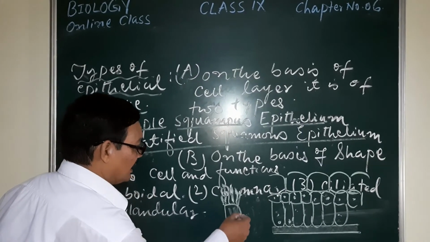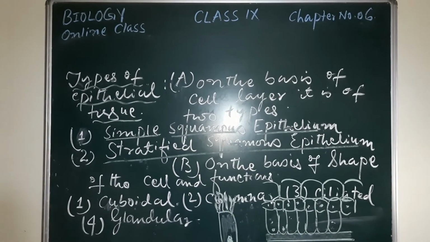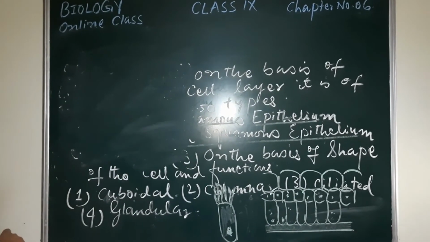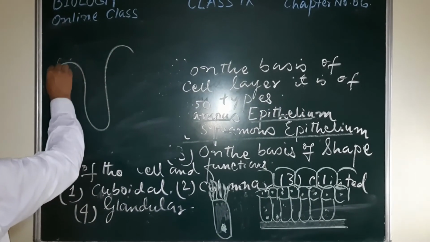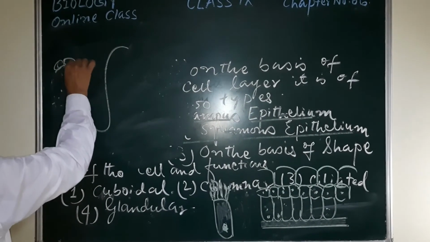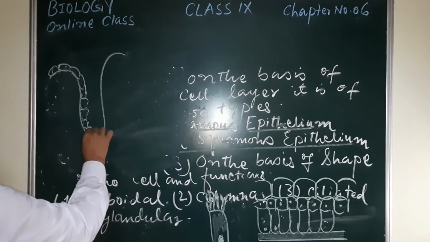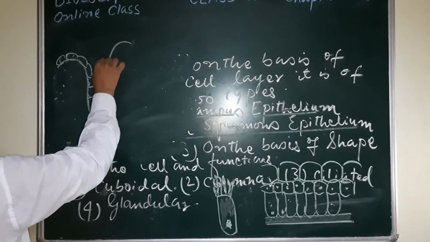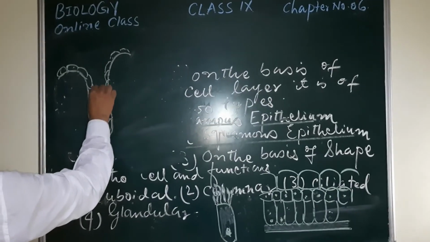So this is the classification, and there are also some modifications, that is the glandular epithelium. Here there is a secretion of chemical substances.